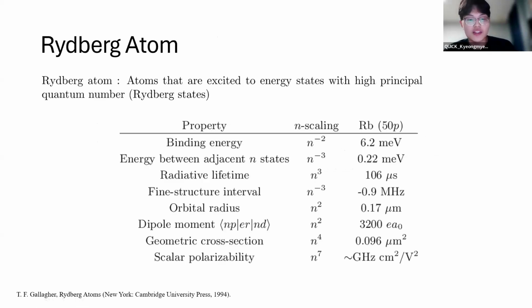Like I've mentioned, we need a platform for quantum simulators, and we'll use something called the Rydberg atom. Rydberg atoms are atoms that are excited to energy states with high principal quantum number. Atoms in such states are called Rydberg states. The table below shows the scaling properties of Rydberg atoms for a principal quantum number of 50.